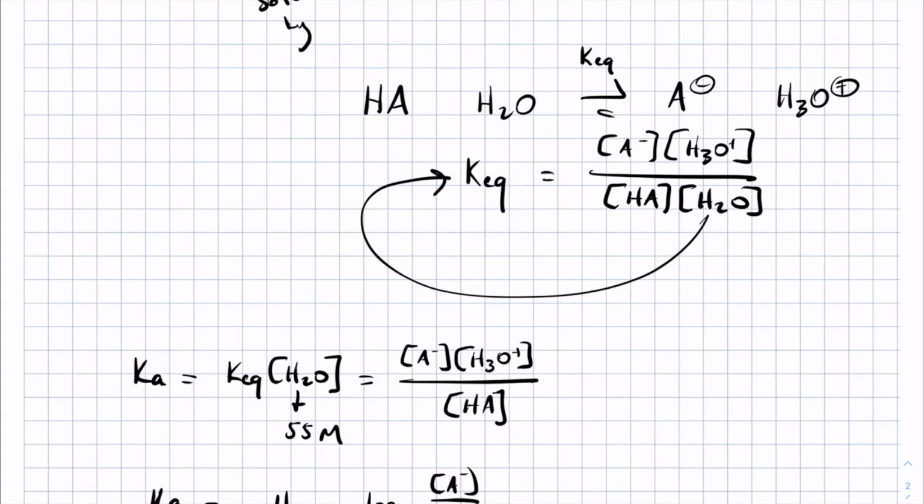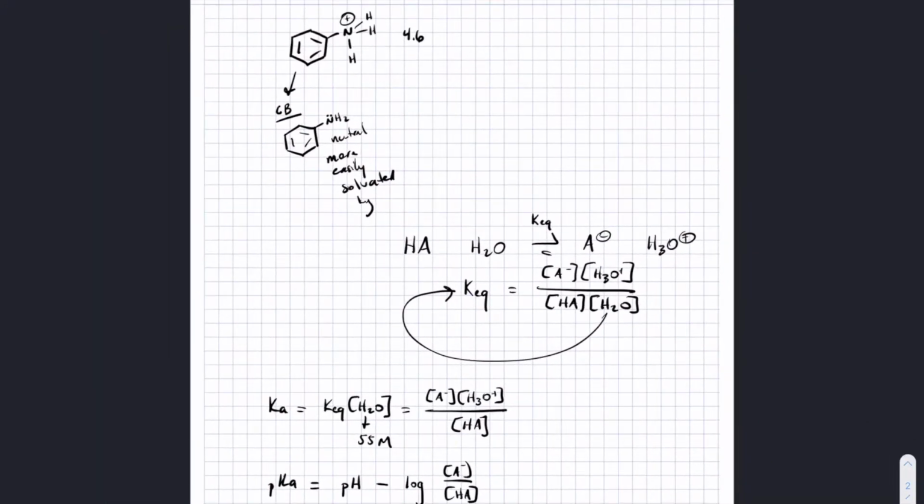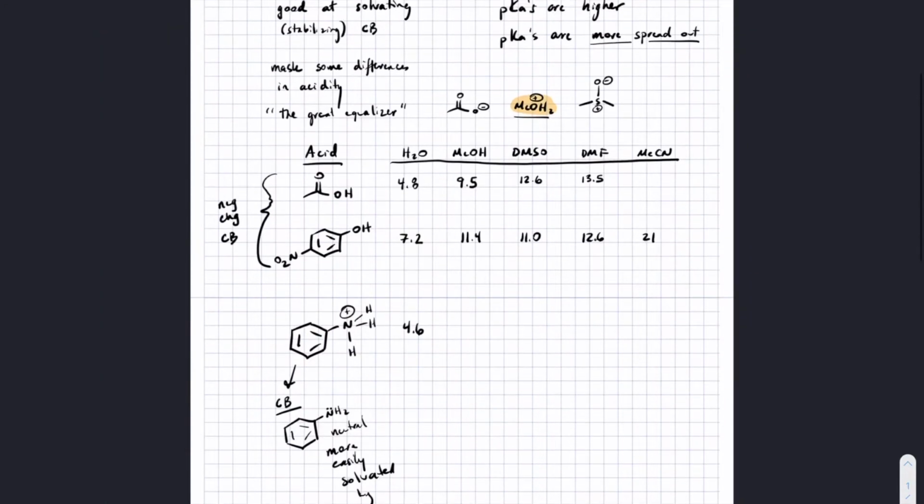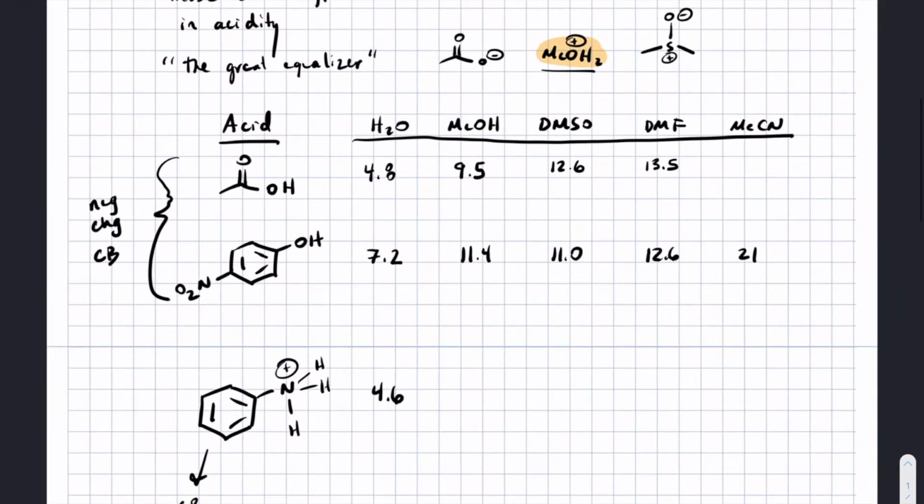So it's kind of imaginary because you couldn't actually do that reaction in water because of the leveling effect, or rather you could do it, but you couldn't measure it because we don't have analytical techniques that can measure one particle out of, I don't know, several trillion in water or something like that. So in any case, it's difficult to think, okay, what is that acid actually doing in that solvent?